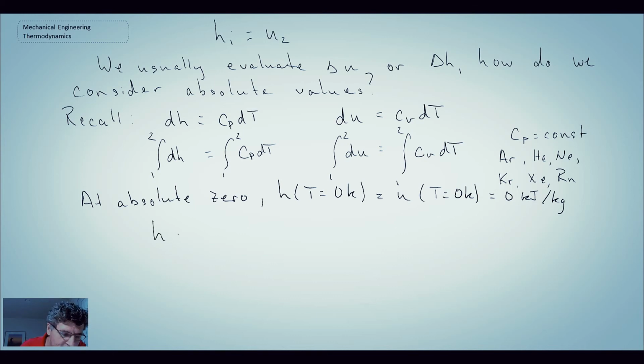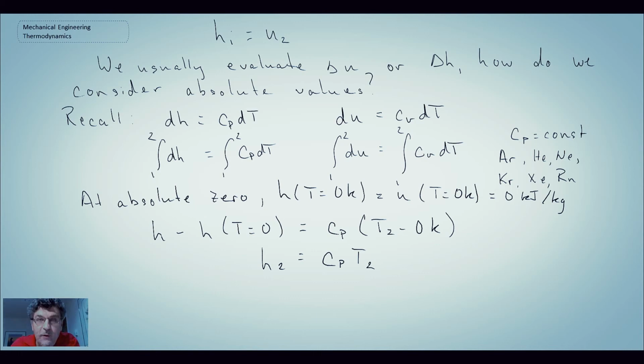With that, we can write out the integration: the enthalpy at state 2 is just going to be the specific heat at constant pressure multiplied by the temperature at state 2, and similarly for U2, we can write it as follows.